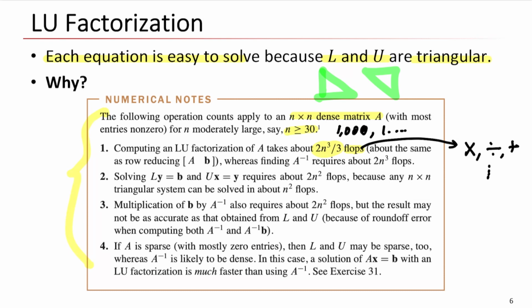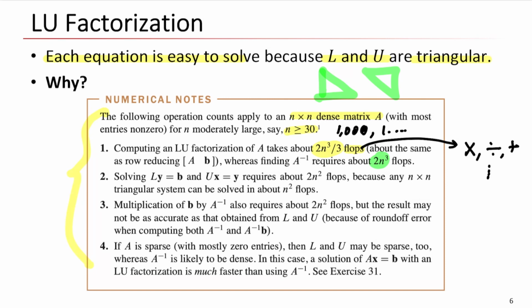This number of operations determines the computation time of the algorithm. So the analytic computation takes some time like this, whereas finding A inverse requires 2n^3 flops.